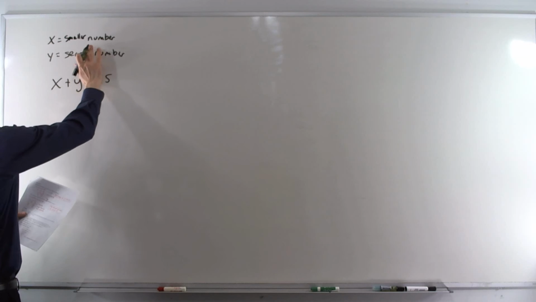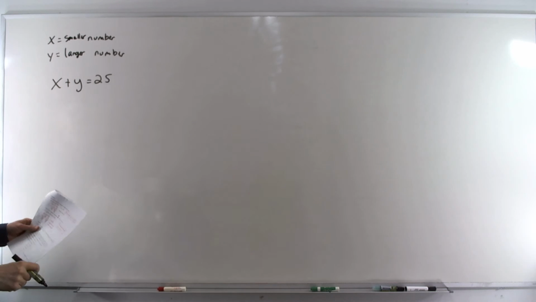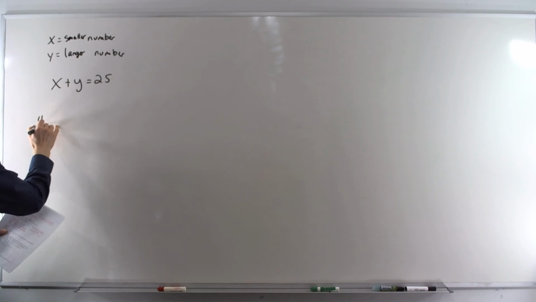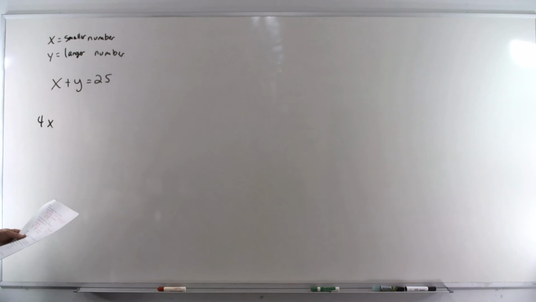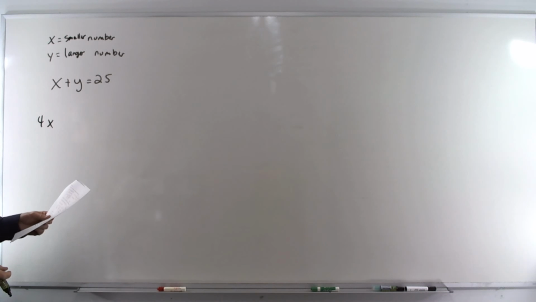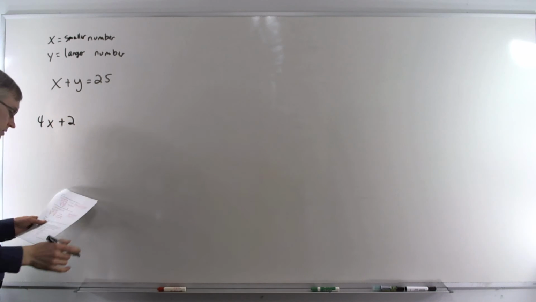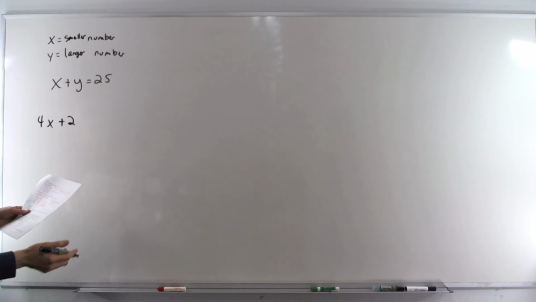And y will be the larger number. So 4 times the smaller number. And it doesn't matter which one you pick. It's totally up to us. The total of 4 times the smaller number and 2. So 4x plus 2. So there's that phrase. Is, there's your equal sign.